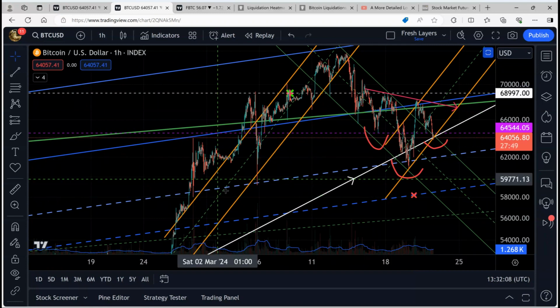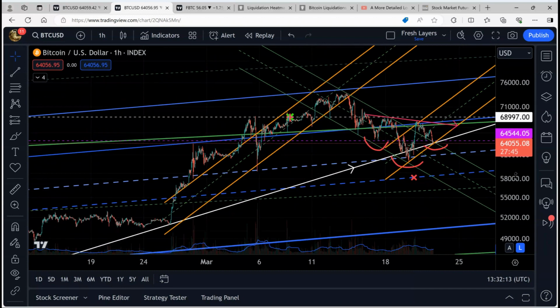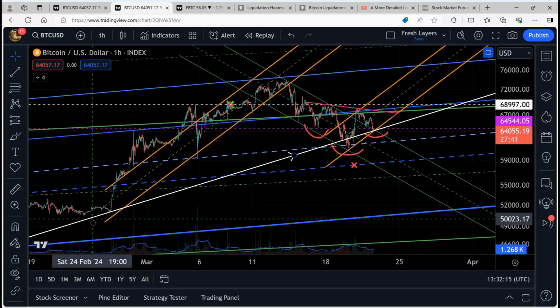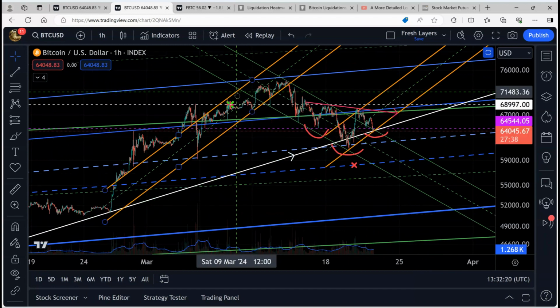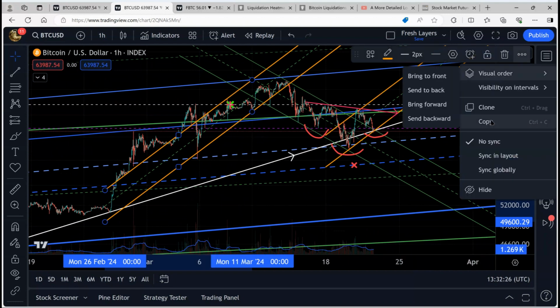So I placed it over here, and as you can see, it pretty much is describing price action right here. If I took another one and went like this, it'd probably be more clear.